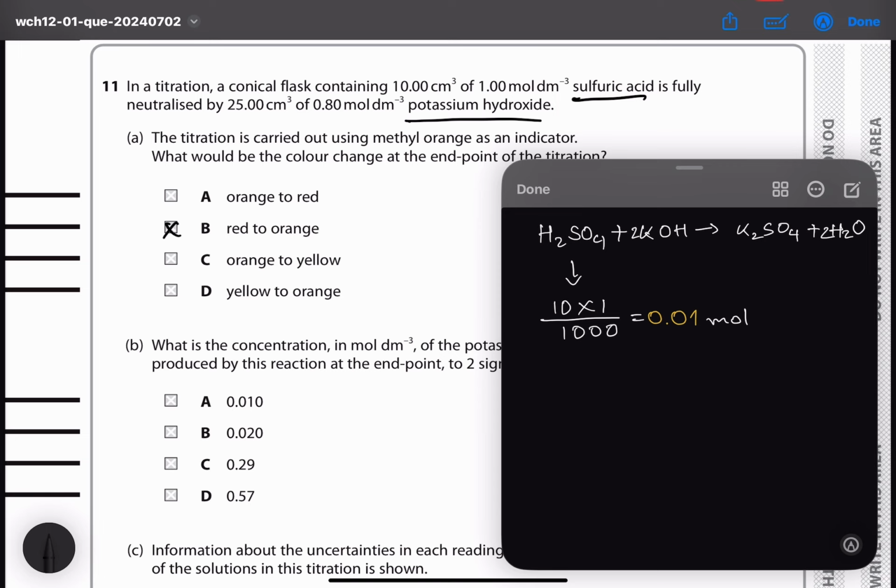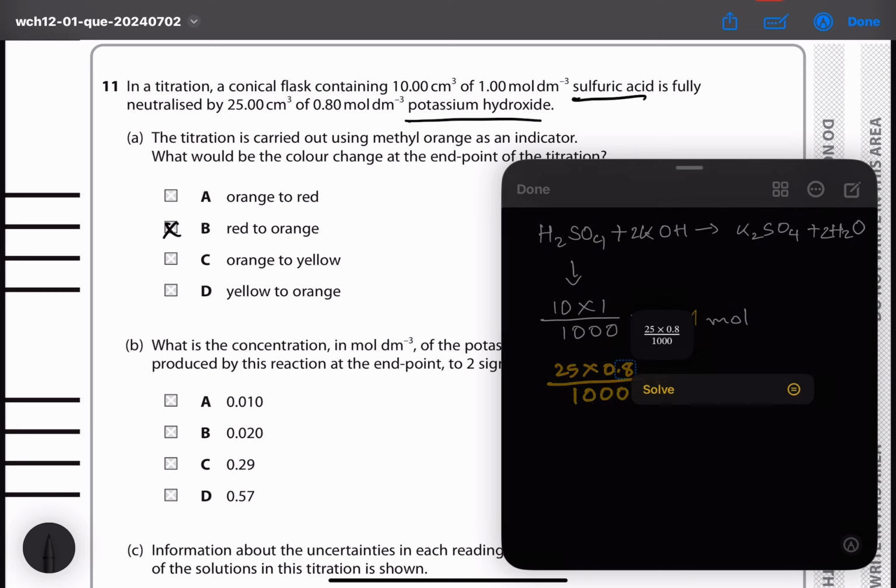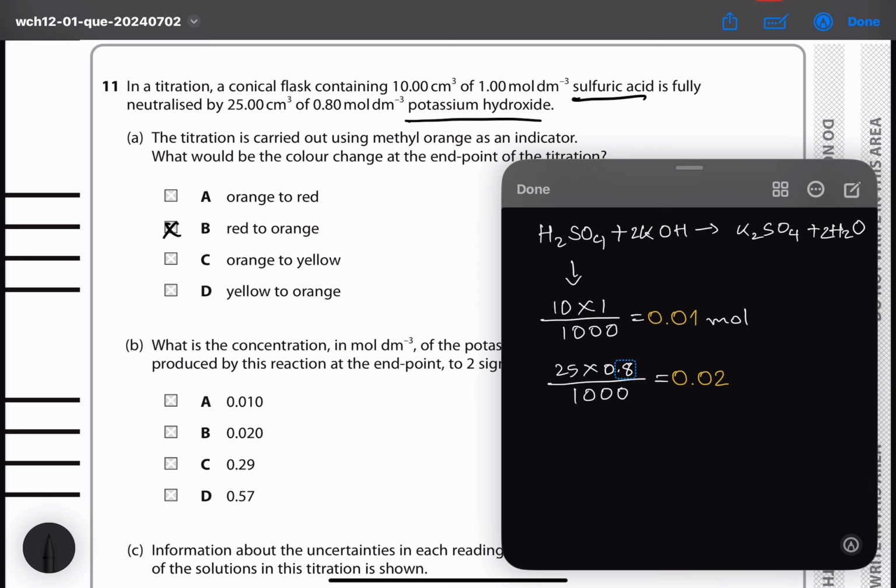For potassium hydroxide, the moles is going to be 25 times 0.8 over 1000. That gives us 0.02. So the ratio is, you see, 0.01 mole reacting with 0.02, which is exactly the ratio needed. None of it is actually in excess.